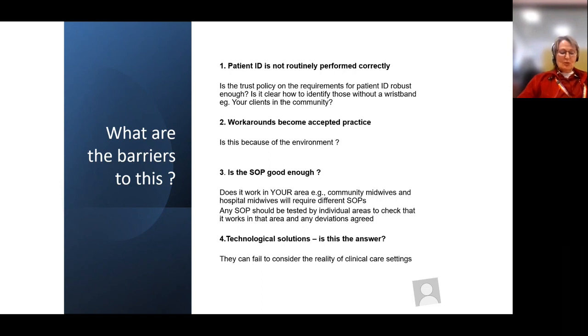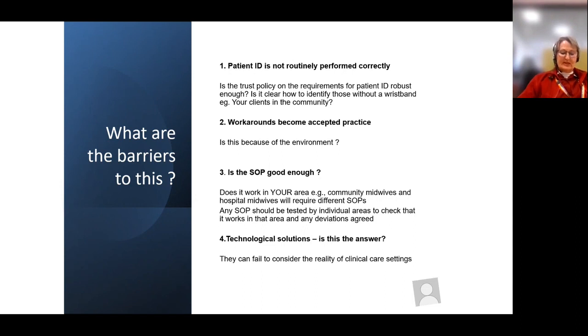And I want to ask you today, do you actually know what the correct process is for taking and labelling your patient's blood sample in your hospital? Have you got an SOP? Have you got any guidance at all? And does it take into account different situations?